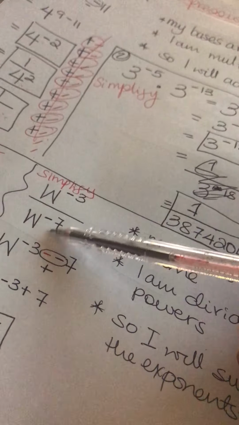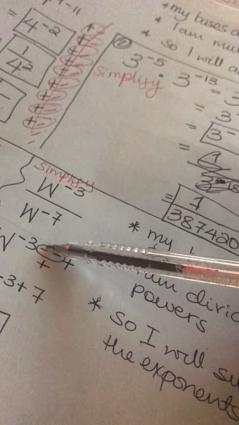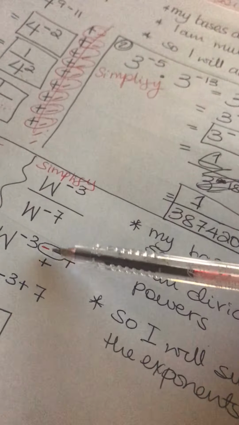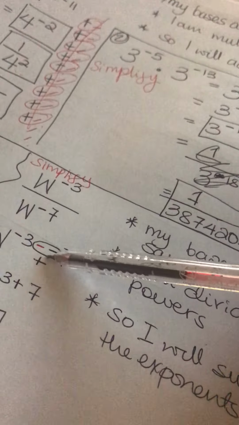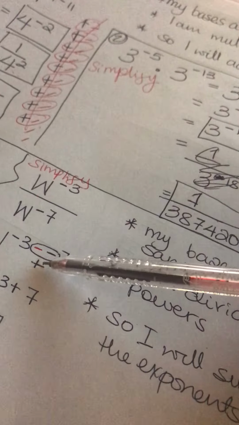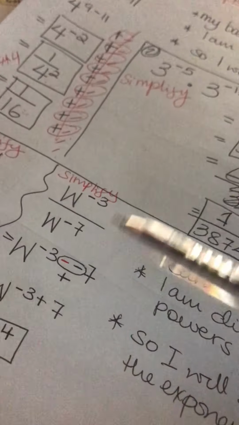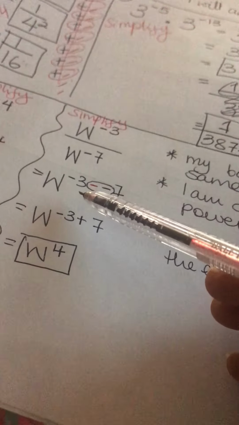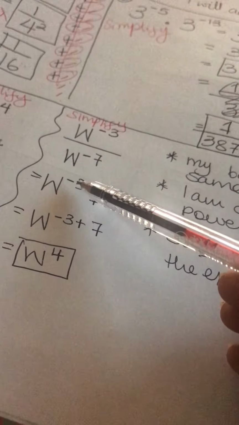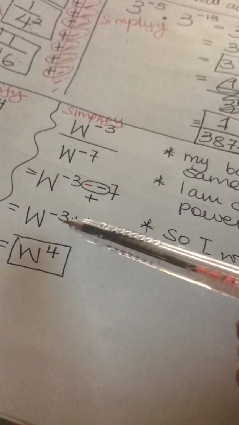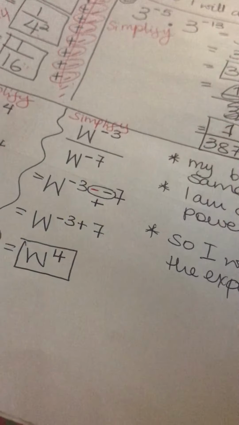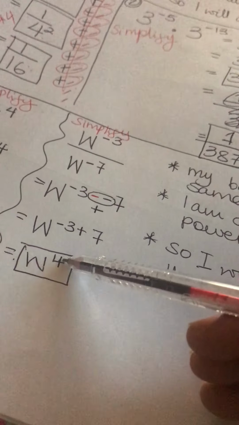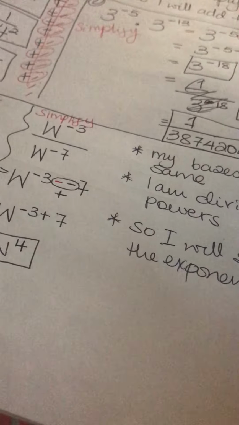So I'm subtracting these 2. So a negative and a negative together becomes a positive. Okay, like that. When I have two negative signs together next to each other, they become a positive. So now my new step is negative 3 plus 7, and negative 3 plus 7 is just positive 4. Okay, so this is w to the 4th power, and I box my answer.